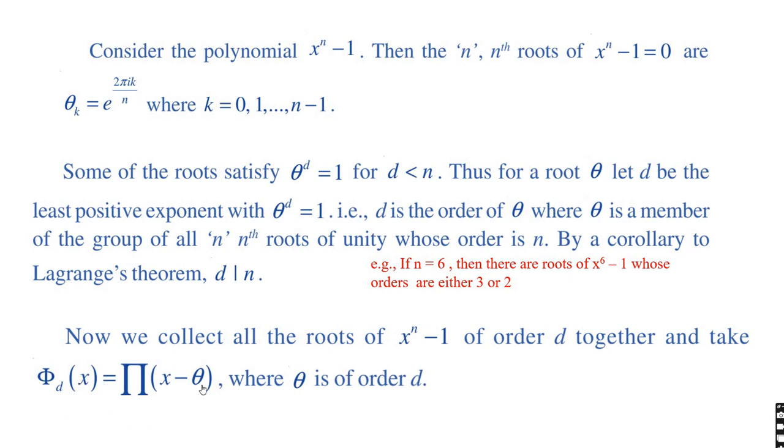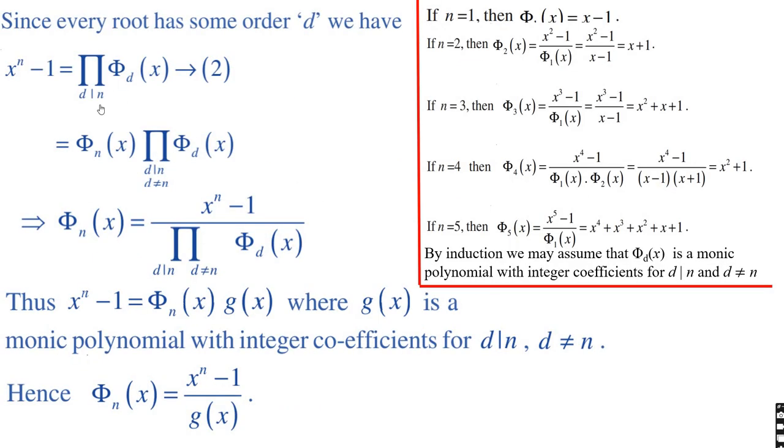So the product of x minus theta, where theta has order d, those thetas with order d, they are collected. And that collection, that product, is named as phi suffix d of x. So this is a notation that is introduced.